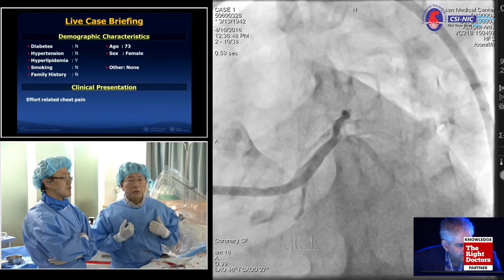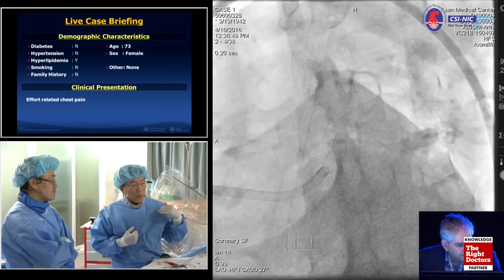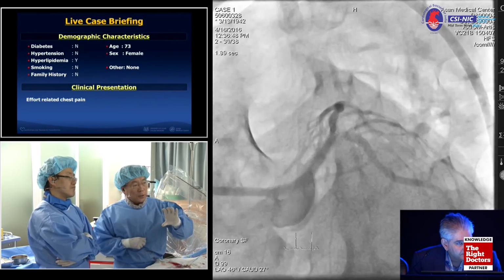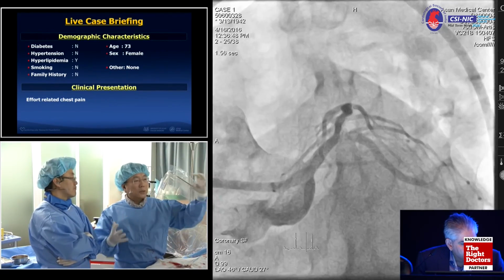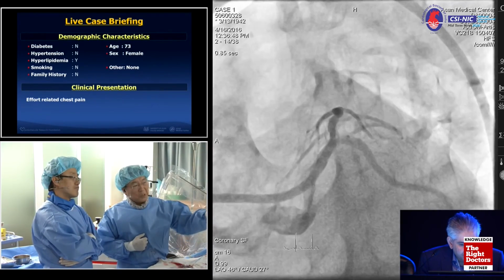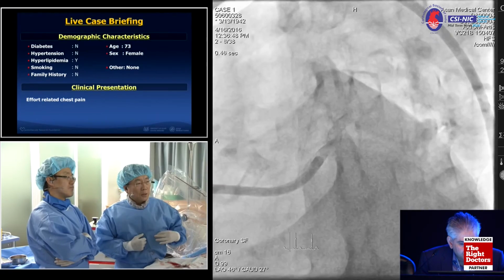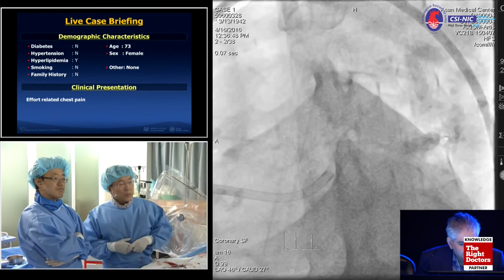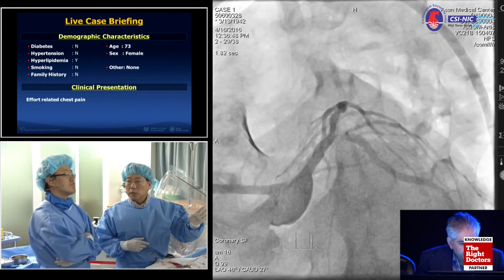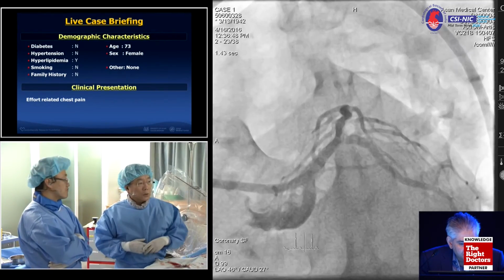I can do a repeat intervention for the circumflex ostial part. It's very clear that the other major vessel, the LAD, is hemodynamically good. It's not a functionally significant stenosis, and the problem is mainly related to circumflex ostial disease.